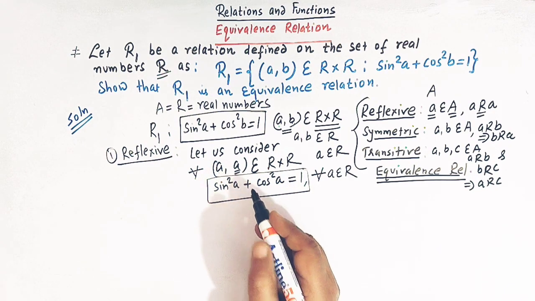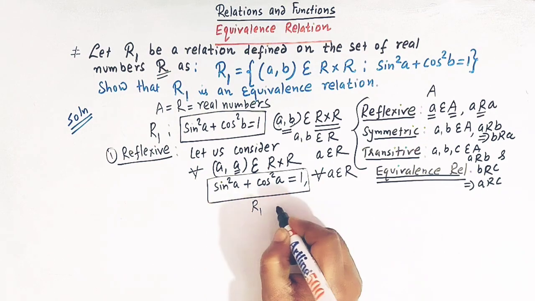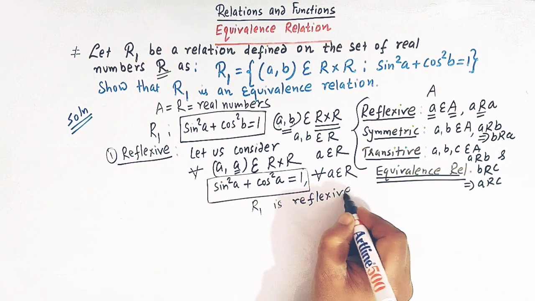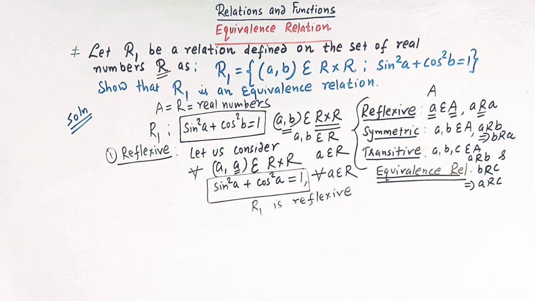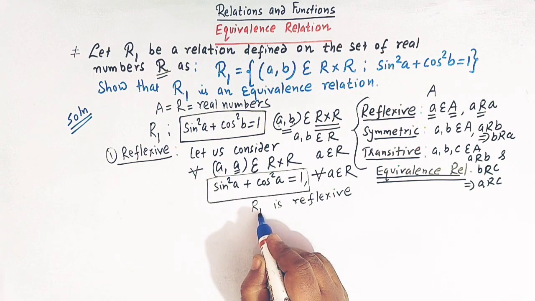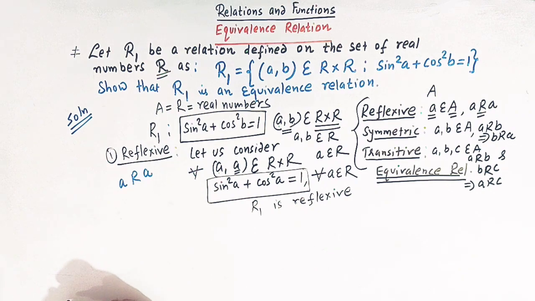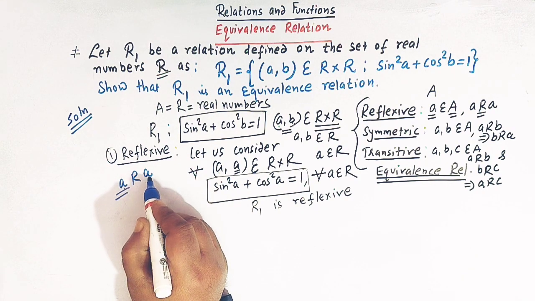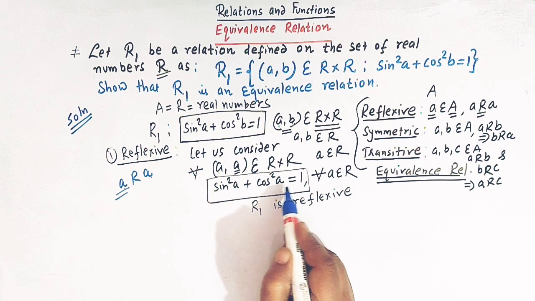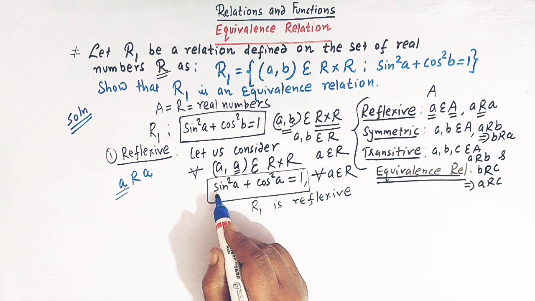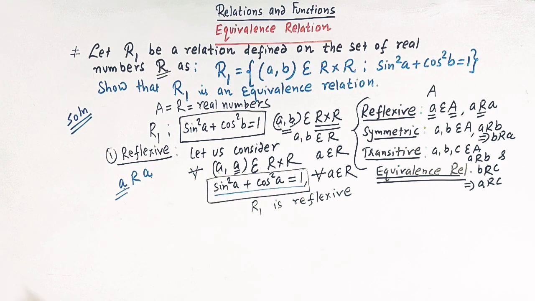So it means this relation R1 is reflexive, right? So each element a is related to itself, because sin squared a plus cos squared a is equal to 1 for all a belonging to the set of real numbers, and this is the well-known trigonometric identity.